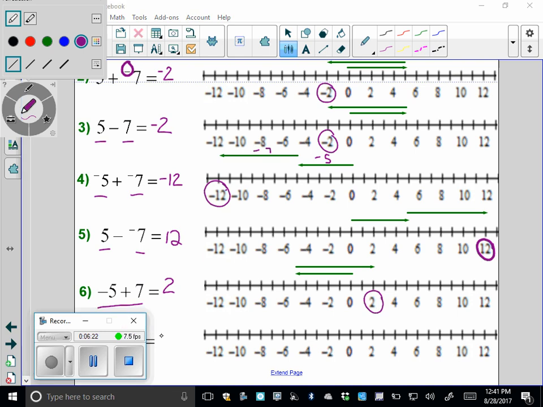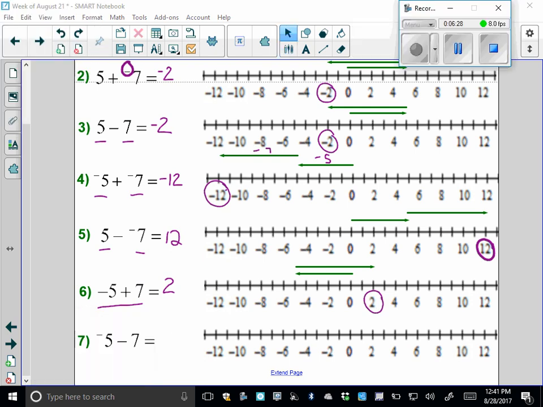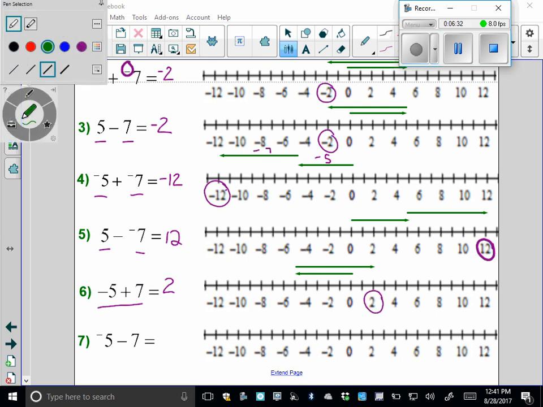Quite a bit of little screens here. Let's see if I can get this to move. I'll pause. Okay, that's now out of the way. This last example, we're doing negative 5 take away 7.